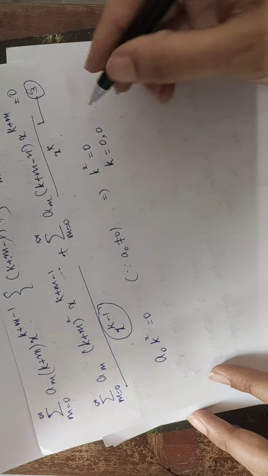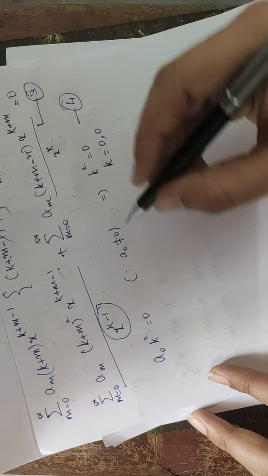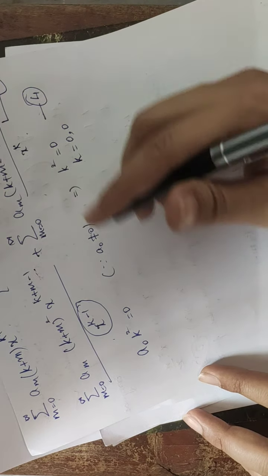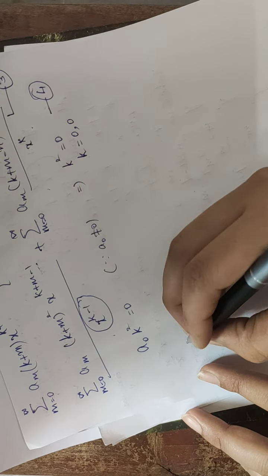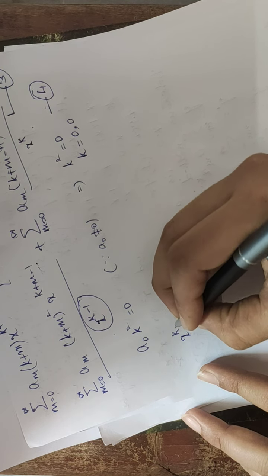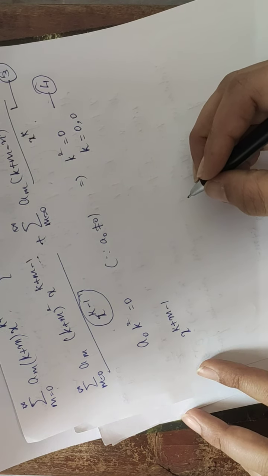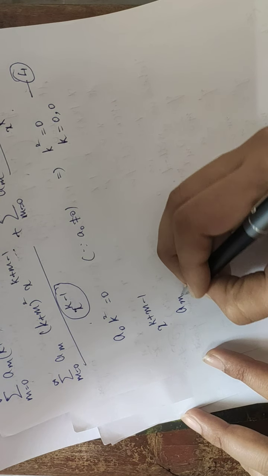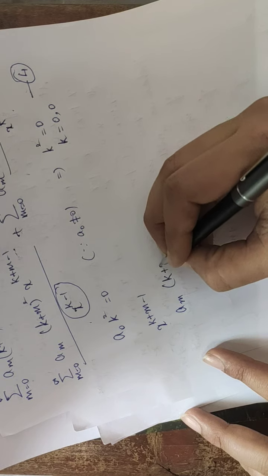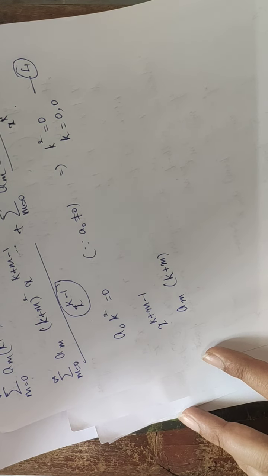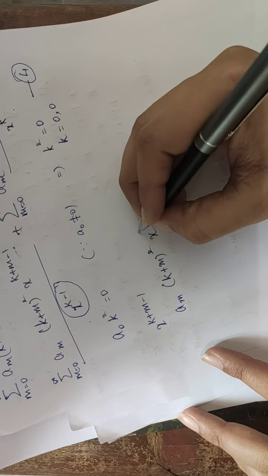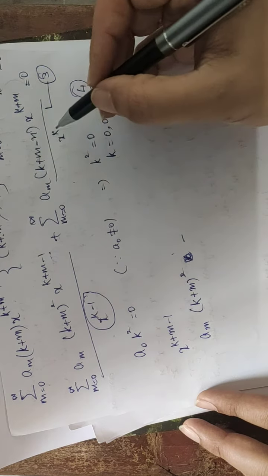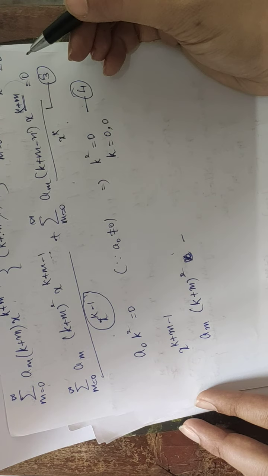So now the next part is I should equate the next smallest power of x. So next smallest power means I will consider x^(k+m-1). So now you will get a_m (k+m) whole square into x^(k+m-1) minus, in this term I will make this as k+m-1.